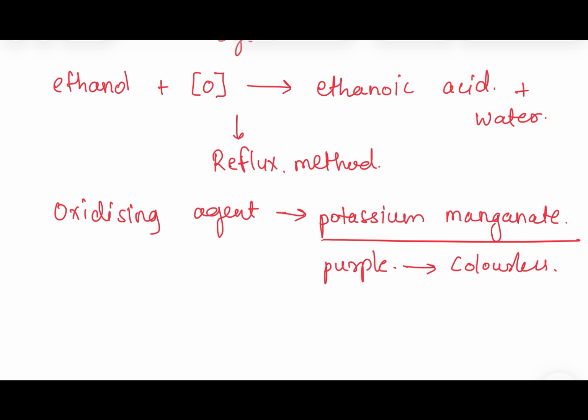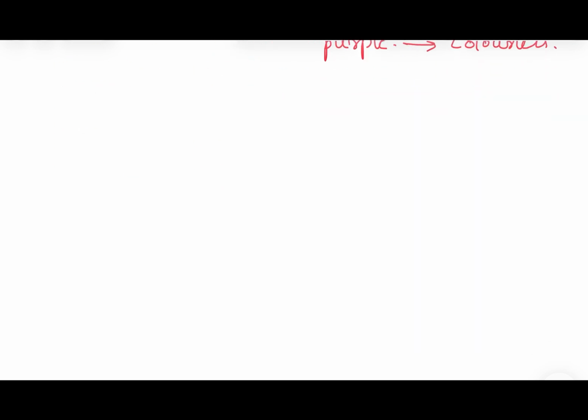So I will just explain what is reflux method. In reflux we have a round bottom flask and we will heat it. And it is having a condenser attached to it.